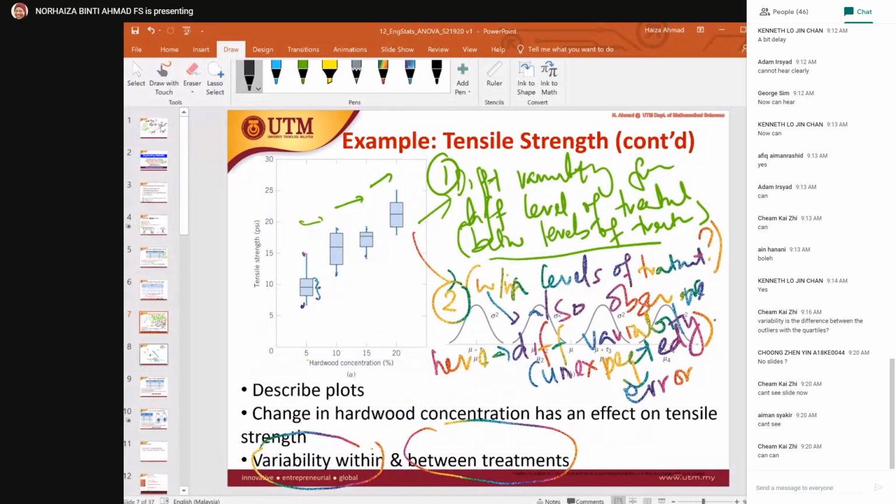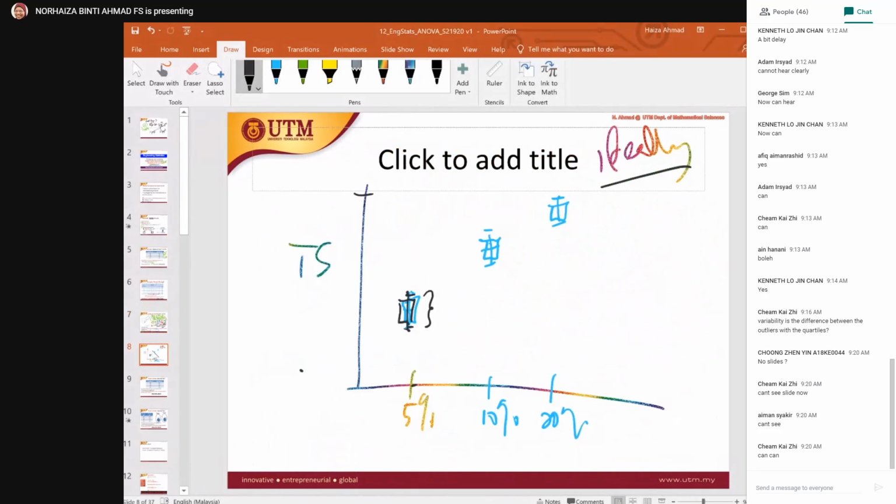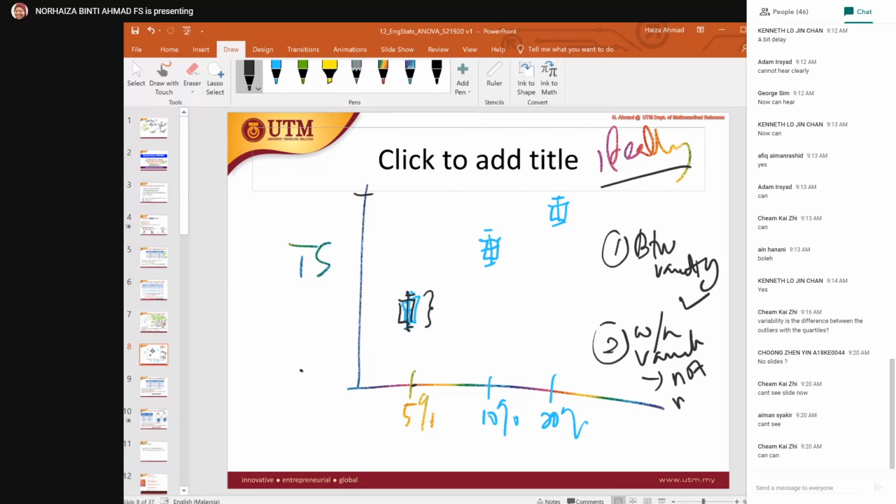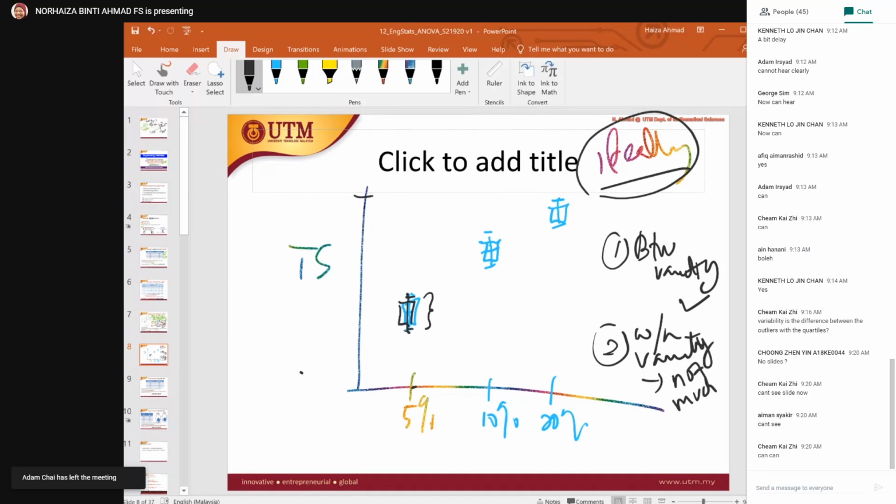So ideally, you would like to see this. So here you've got between variability, which is good, and within variability not much. So ideally you would want something like this.